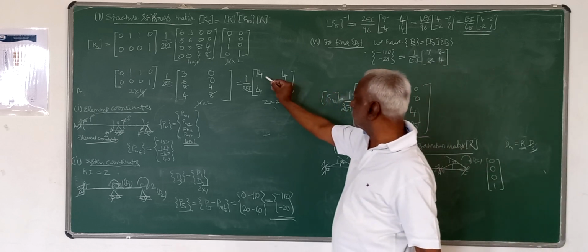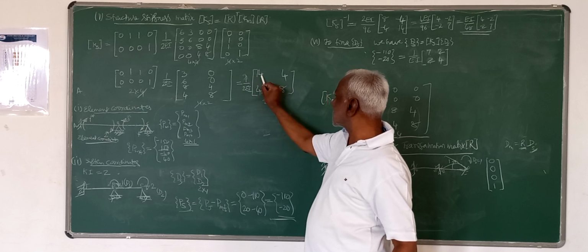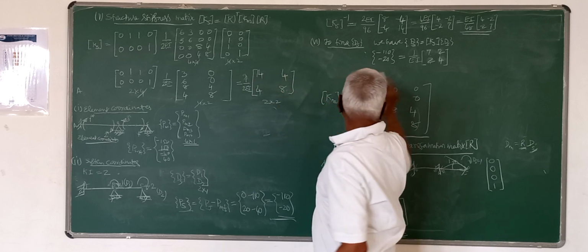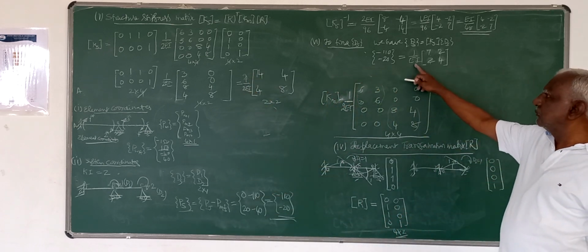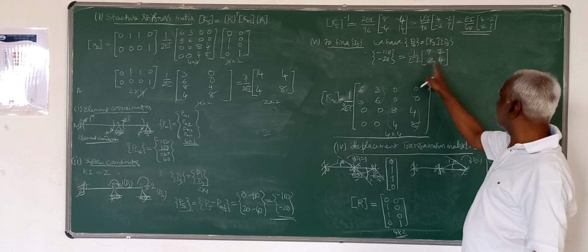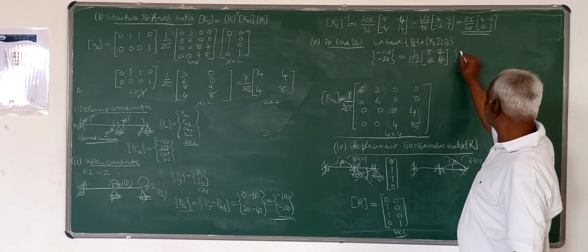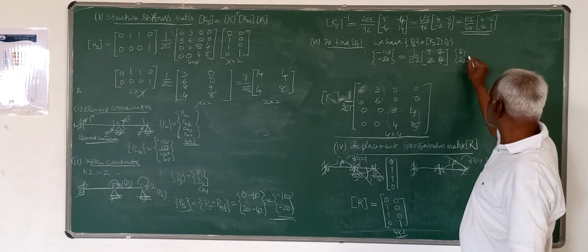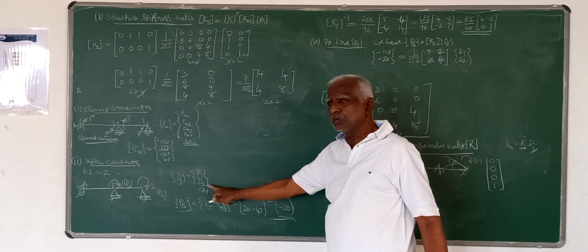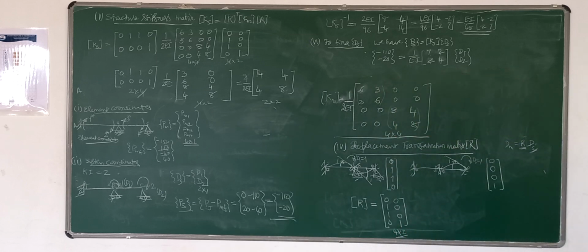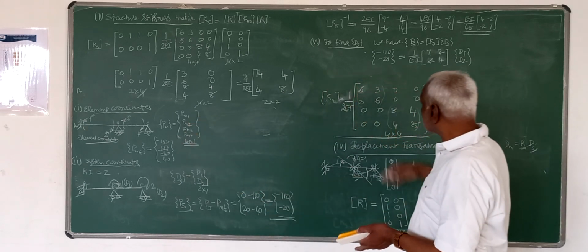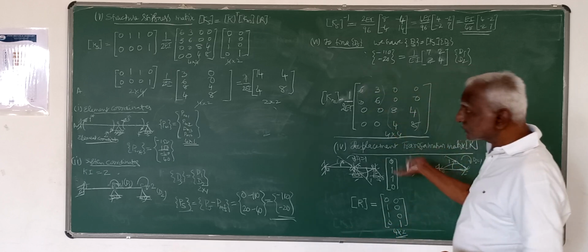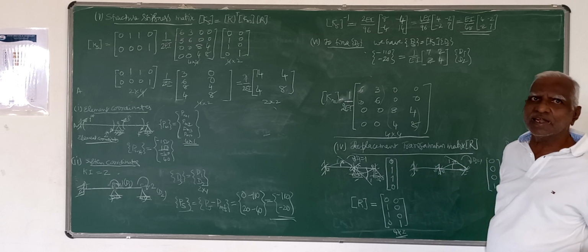If I take 2 outside, here 7, 2, 2, 4, and that 2 and these 2 get cancelled, leaving 1 over EI. So this is Ks into Ds. That is what we have to do today. Ds is nothing but D1, D2, which I have to determine. In the second step, I have told what we have to determine. One is this Ds, another is Pm, which I have to calculate by performing all other operations using that principle of contragredience and others.